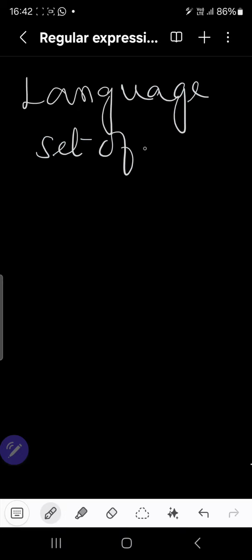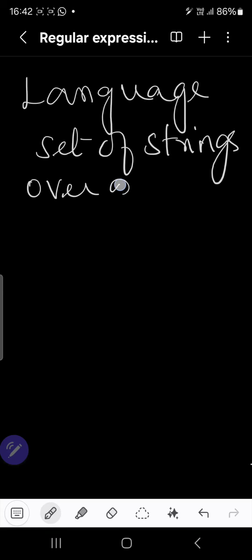Now let's talk about a language. A language contains a set of strings over some fixed alphabet.